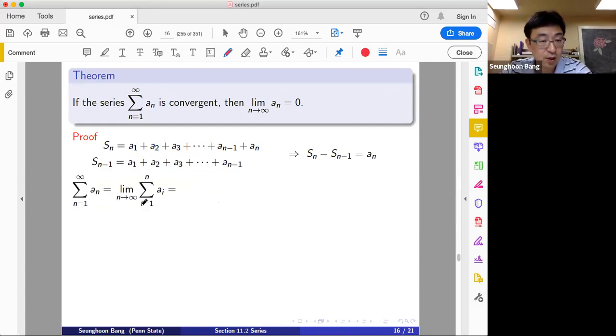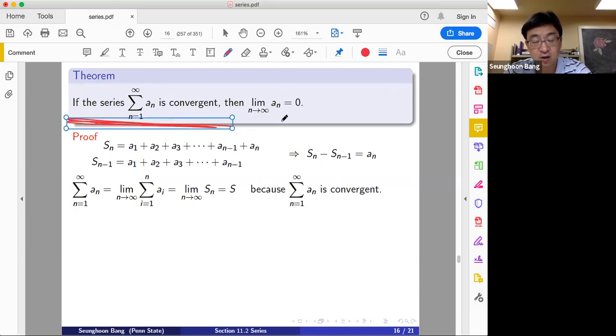So we change it, and this one is like this. Exactly, the limit of Sn is S, because the summation from n equals 1 to infinity of an is convergent. From this result, this is true. We have a finite number.